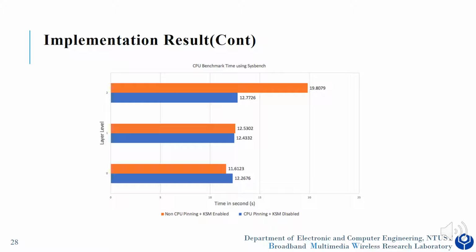The most important thing is that if we pull the average graph here, using our optimization the performance from layer level 0 to 2 performs stably, with a decrement that is almost negligible. But without our optimization, the difference is really huge between layers 0, 1, and 2.